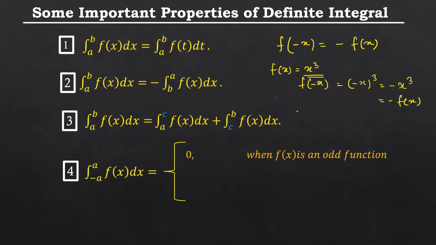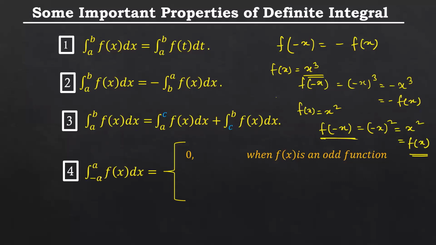But if you take f of x equal to x square, then what happens? F of minus x will be minus x whole square, that is plus x square, the same function f of x. Now f of minus x will be the same, and this type of function is called an even function.